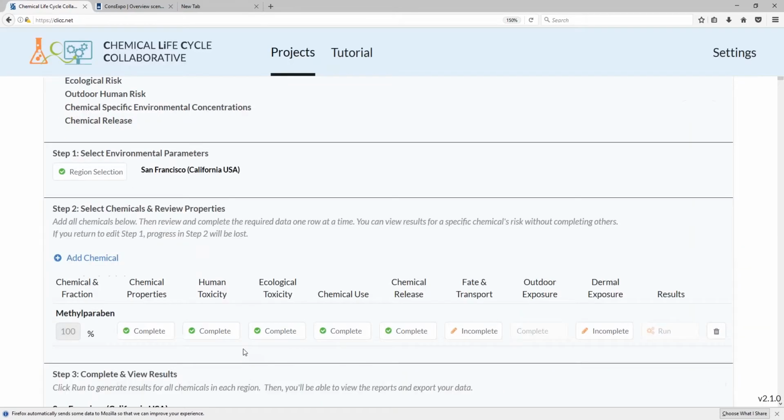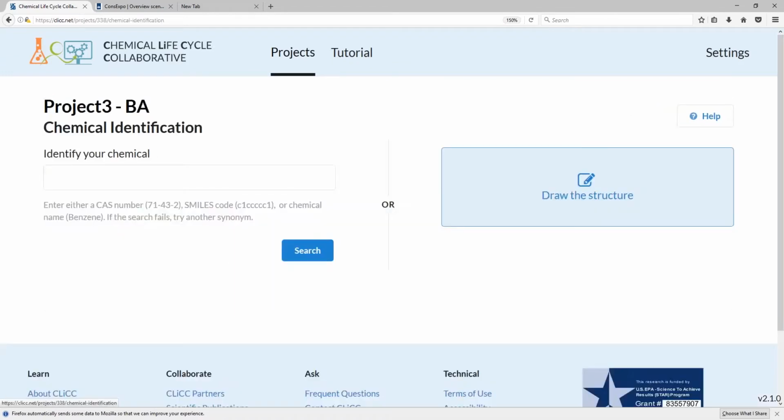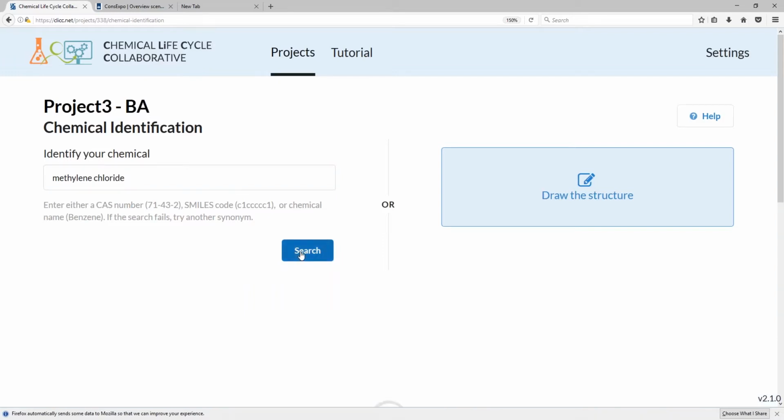And let's add one more chemical. We go up and add methylene chloride. Let's try to type it this time just to make sure that it works. Methylene chloride.